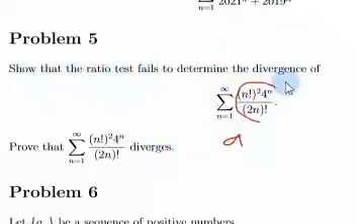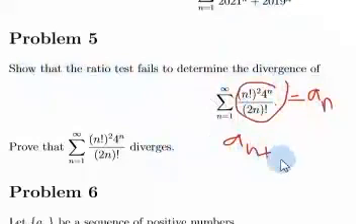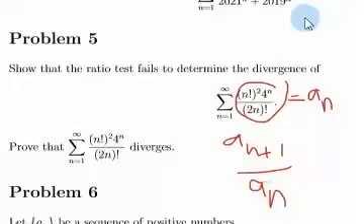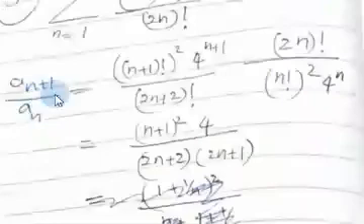If this is the a sub n term, you can find this ratio very easily. This is the ratio between these two terms.